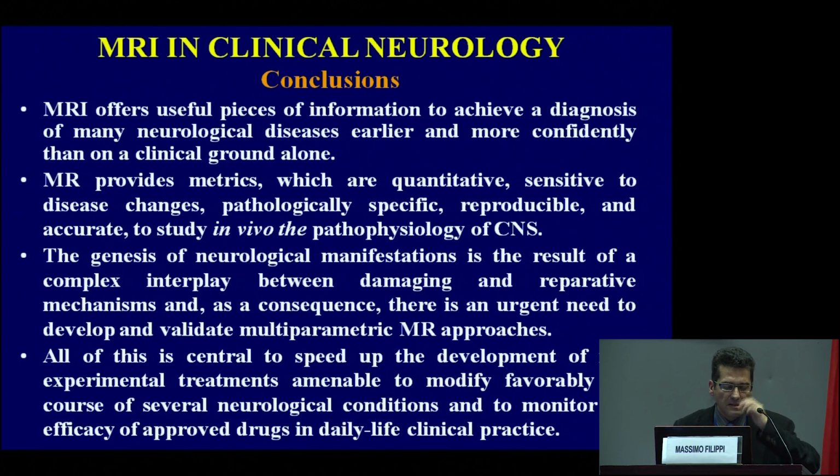And of course, all of this is central to speed up the development of experimental treatments amenable to modify the course of several neurological conditions. As we experienced in MS, we were able to produce MR markers that allowed a diagnosis much earlier and to monitor phase 2 trials much quicker, and to screen rapidly potential effective drugs to move on to phase 3 trials, and of course also to monitor efficacy of drugs in daily life clinical practice.